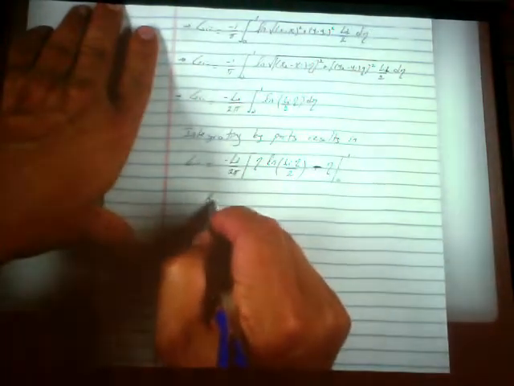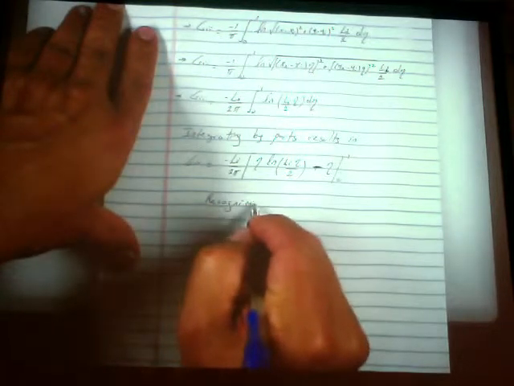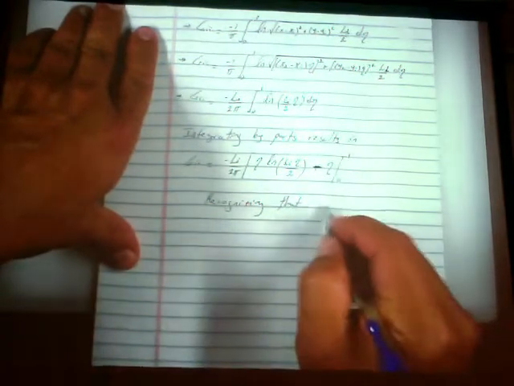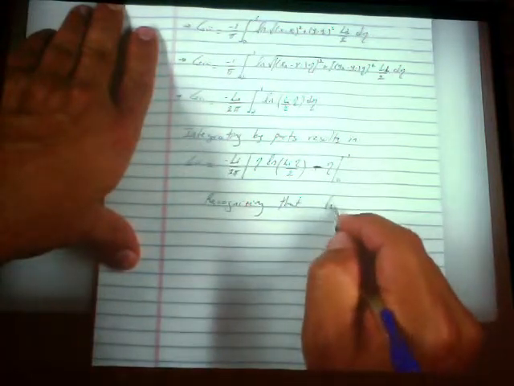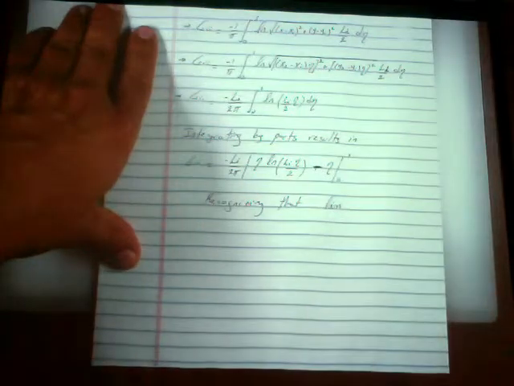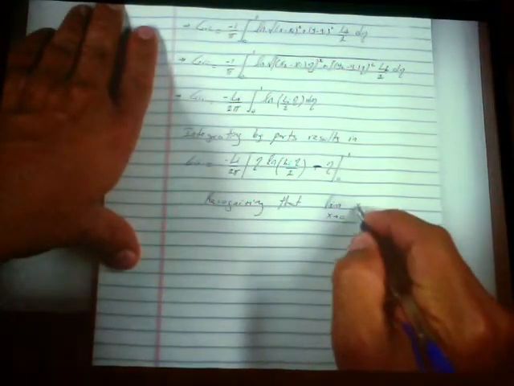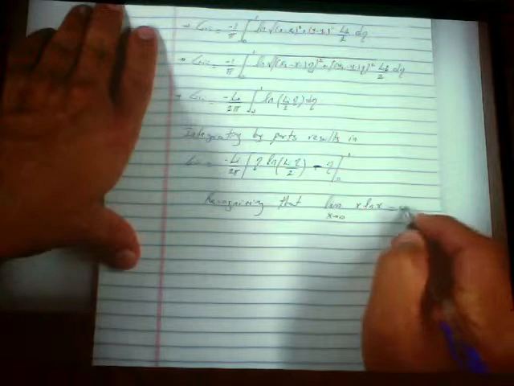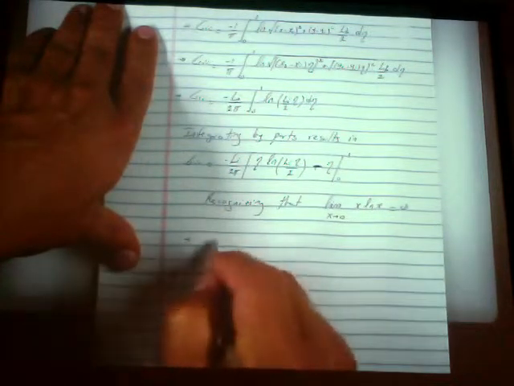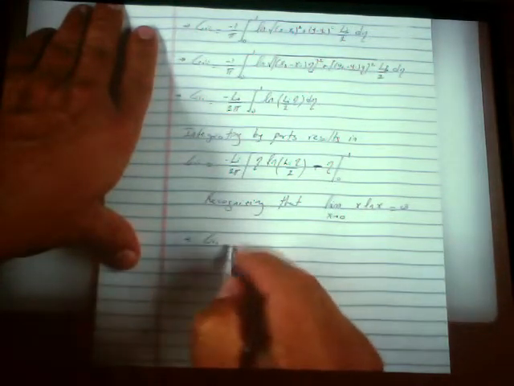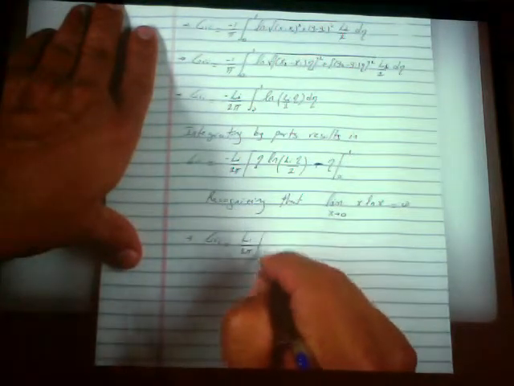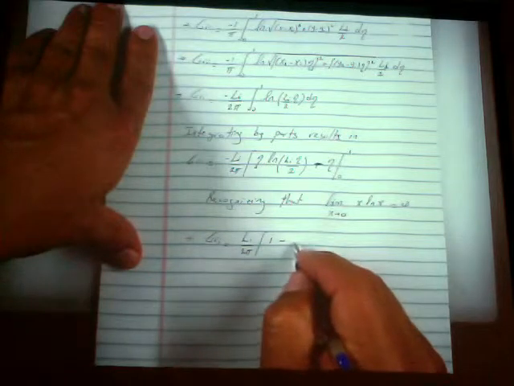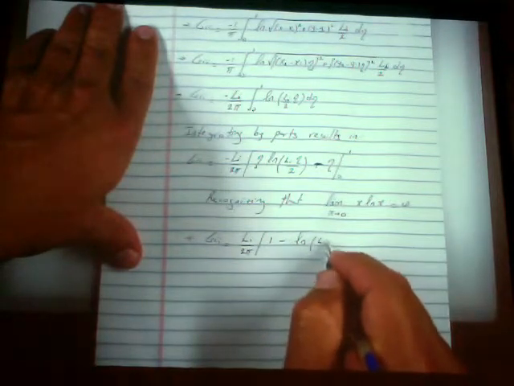So, recognizing that the limit when x goes to 0 of x log of x is equal to 0, then we can find that GII is equal to Li divided by 2 pi times 1 minus the log of Li over 2.